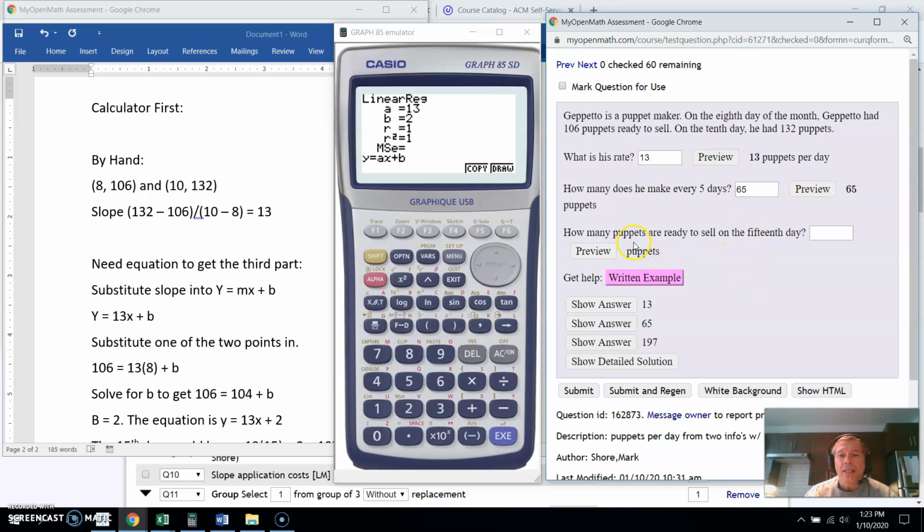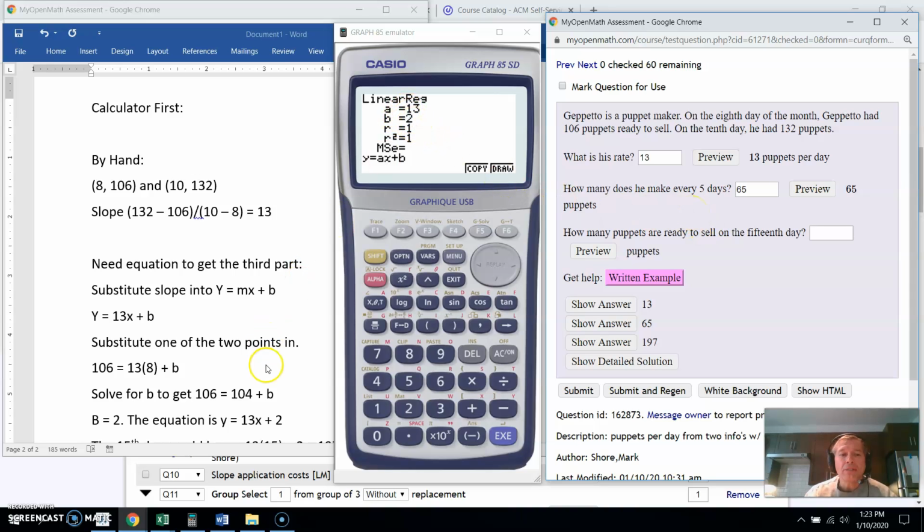So the last one though is pretty rough. This one says how many puppets are ready to sell on the 15th day. You might think just take 15 times the 13, but it's not that, because he already has some ready before the first day. So it's like an initial amount, and that's that b right there.